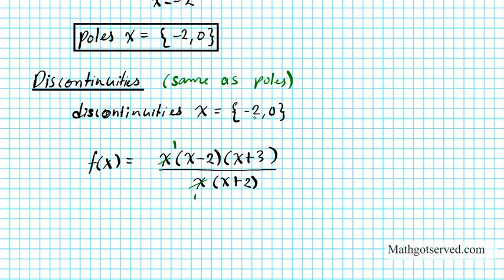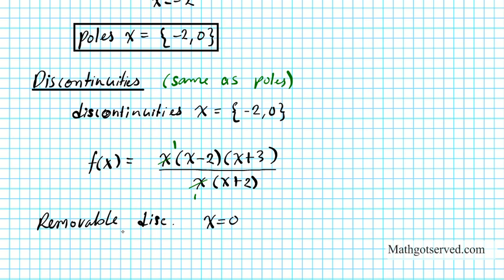We have two discontinuities here, so you can clearly see that the 0 is a removable discontinuity. So let's write it down. Removable discontinuity is x equals 0. There you have it.